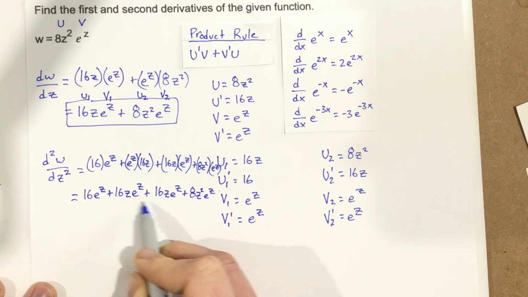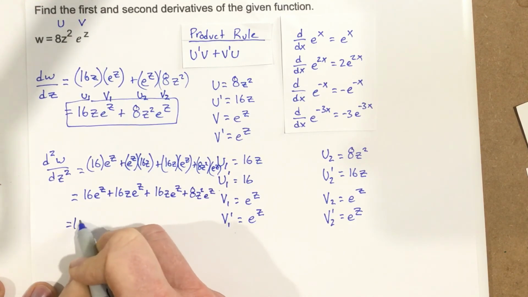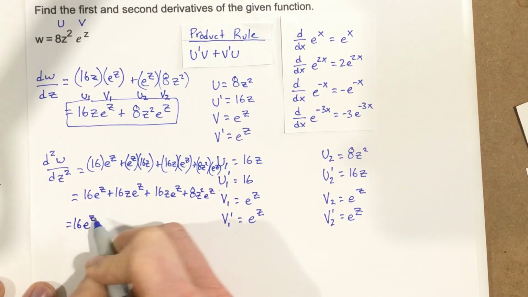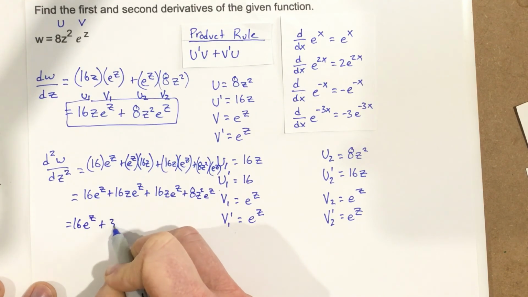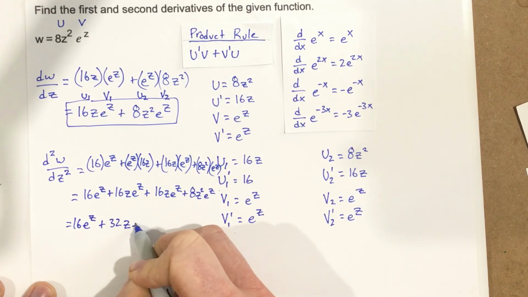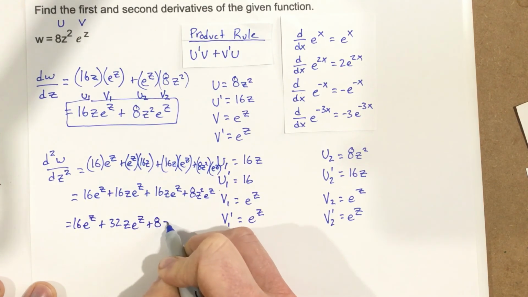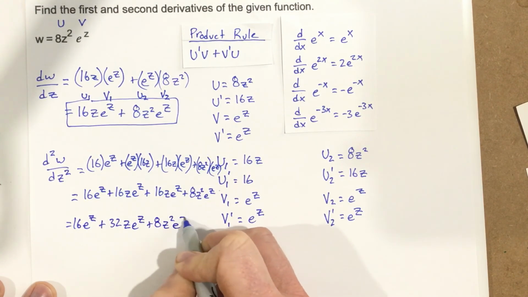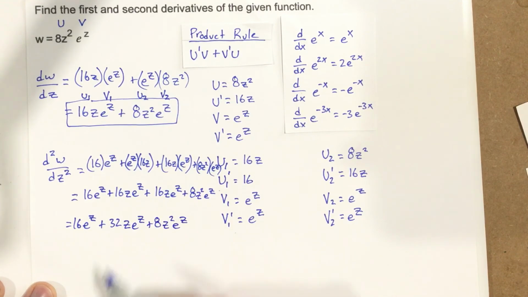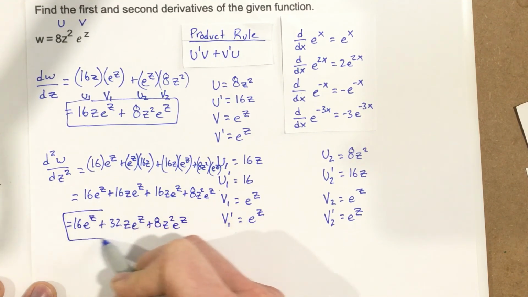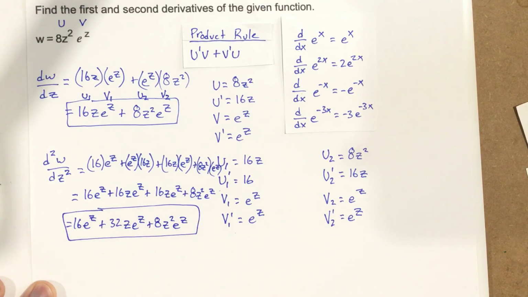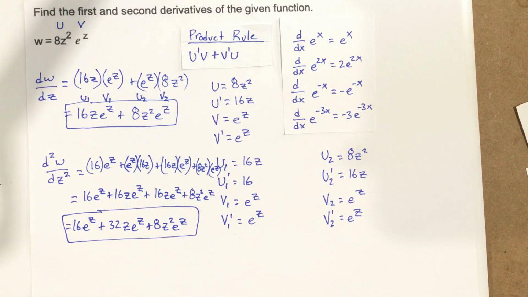Looks like we can combine stuff in the middle, so we end up with 16e to the z plus 32z e to the z plus 8z squared e to the z. So this should be our second derivative of that function. And you can see we had to use the product rule twice to get there.